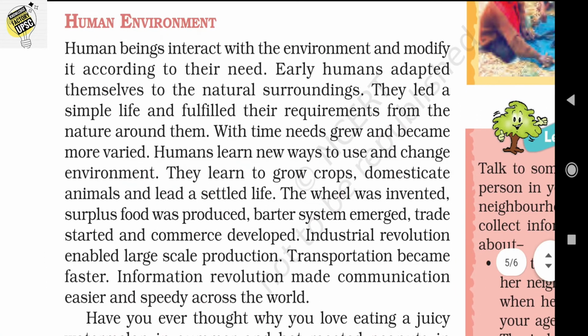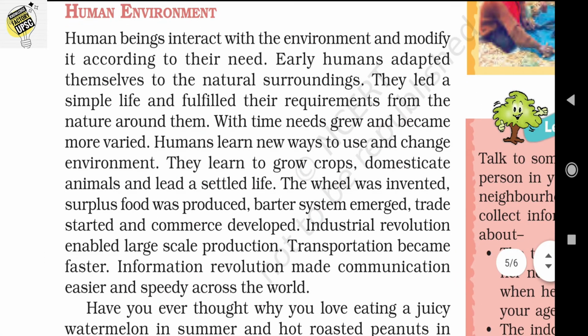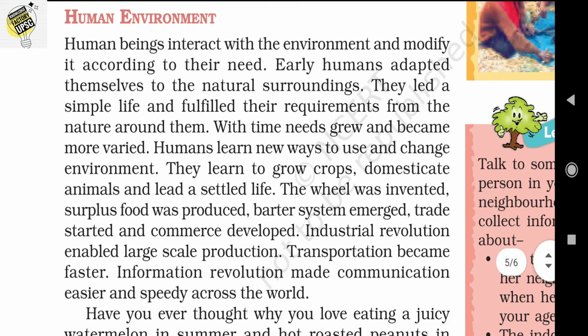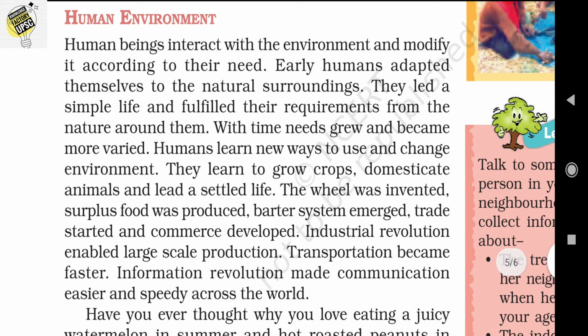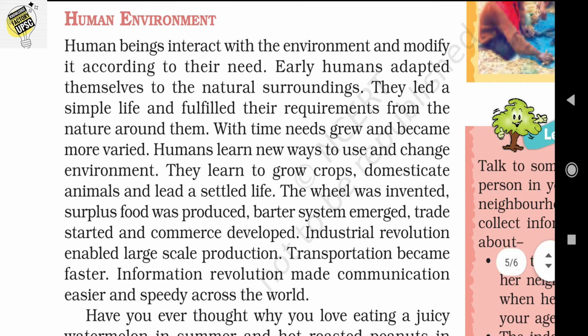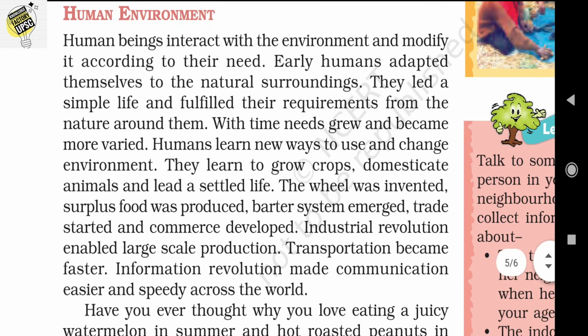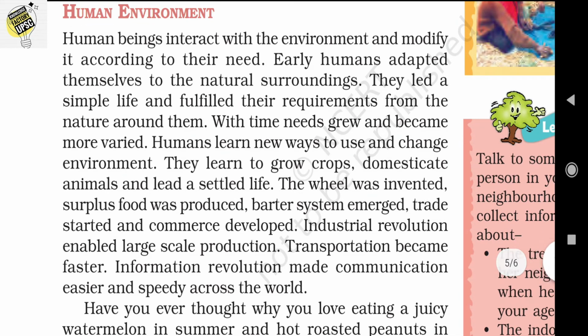Okay, so let's see what the human environment is. Human beings interact with the environment and modify it according to their needs. Early humans adapted themselves to natural surroundings. They led a simple life, fulfilled by the nature around them. With time, needs grew and became more varied.